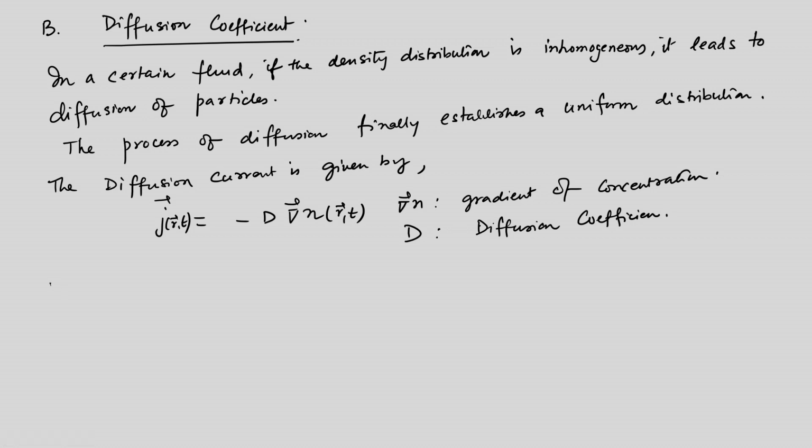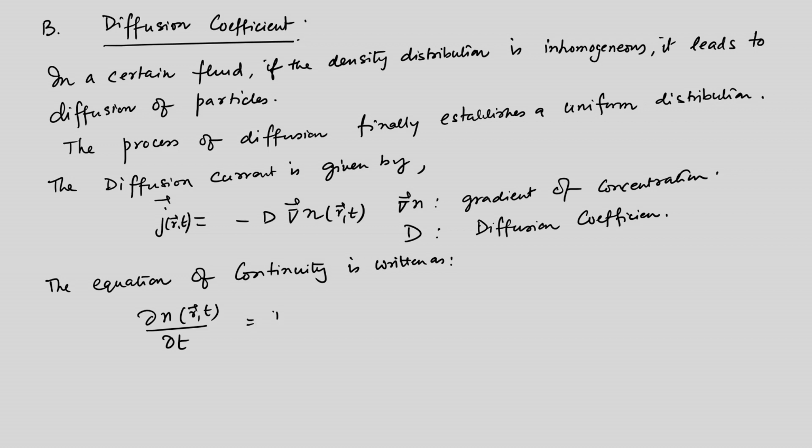In addition to that, the equation of continuity is written as del n by del t equal to D times the Laplacian of the density. We will not show the solution because that becomes a problem of mathematical physics. We simply quote the result.